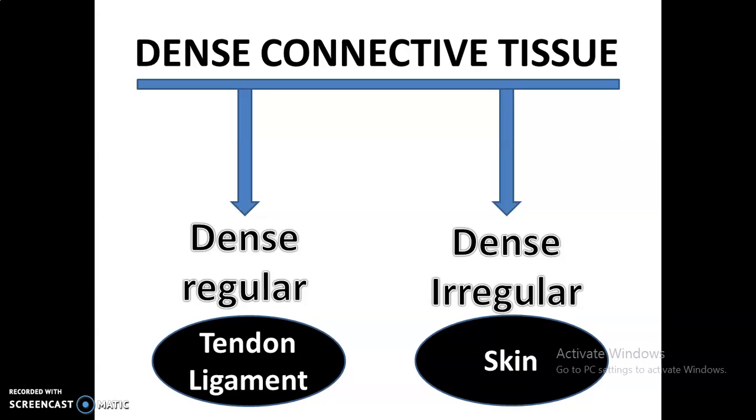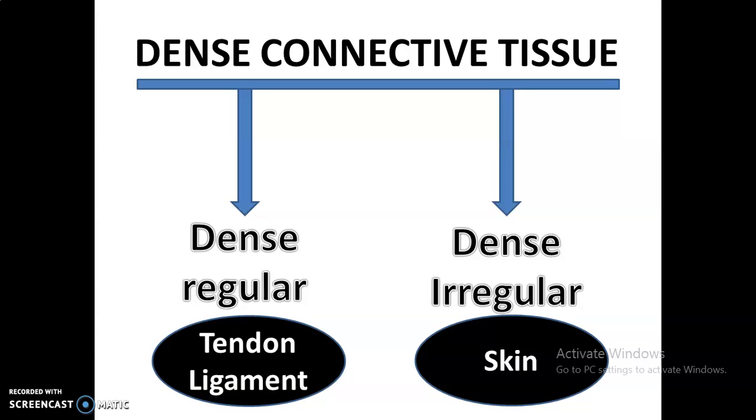In dense regular connective tissue, the collagen fibers are present in rows between many parallel bundles of fibers. For example, tendons and ligaments are examples of dense regular connective tissue. Tendons attach skeletal muscles to bones, and ligaments attach one bone to another bone.